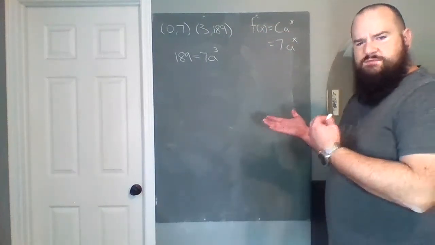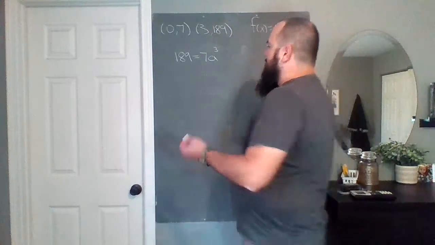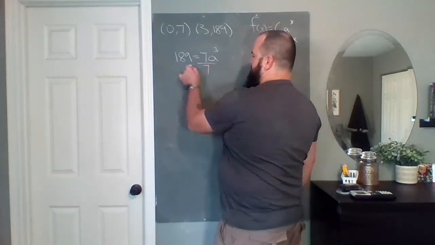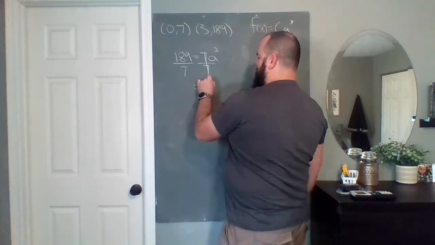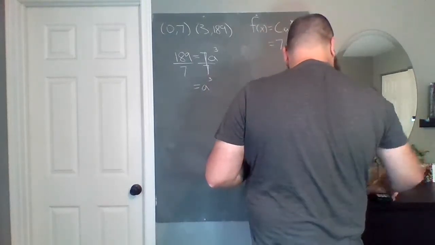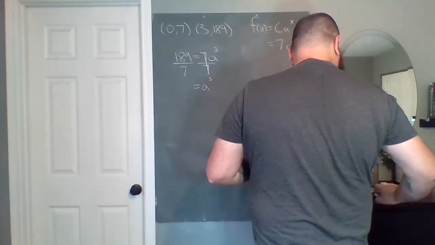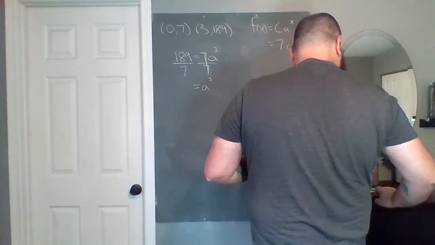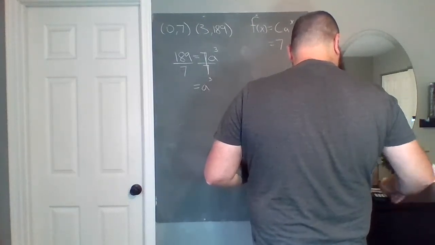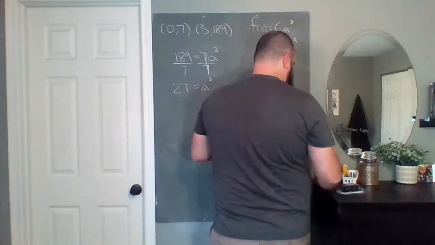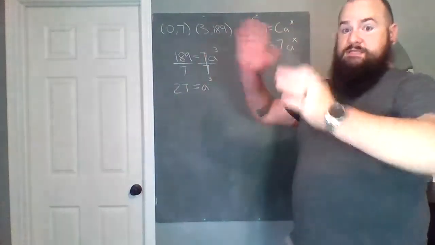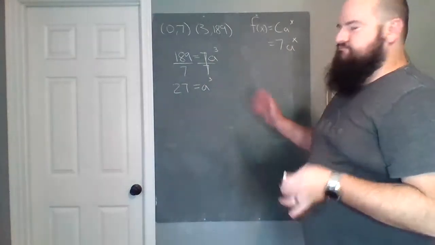Now this is just an equation that we can solve. Okay? I need to divide both sides by 7, giving me a cubed equals 27. Now at this point you may be like, I know the answer, let's go, woo! But that's awesome. Let's talk about how we get through it.